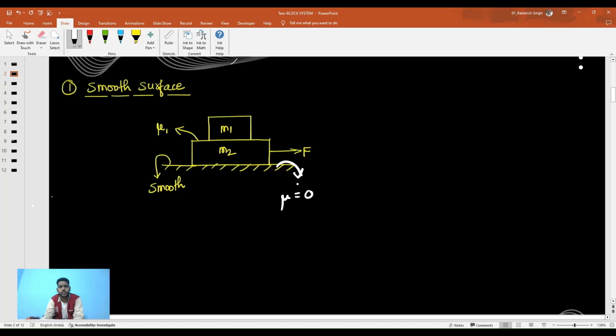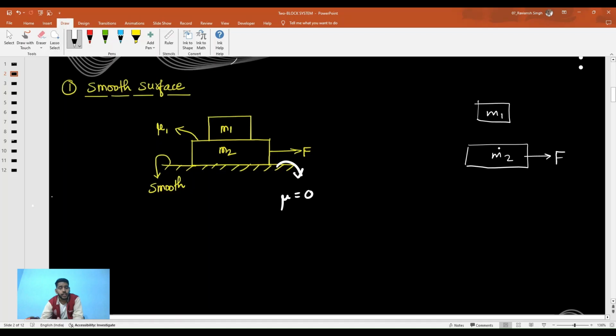Here the ground is frictionless or smooth, so we can consider the frictional coefficient as 0. Here, if we draw the free body diagram of both the blocks, let's say this is M1 and this is M2, and M2 has a force F acting upon it.